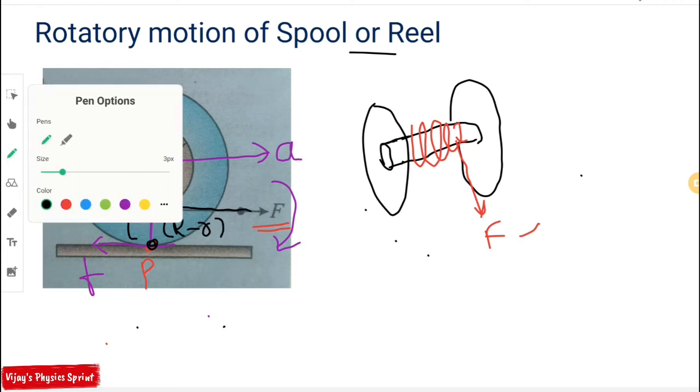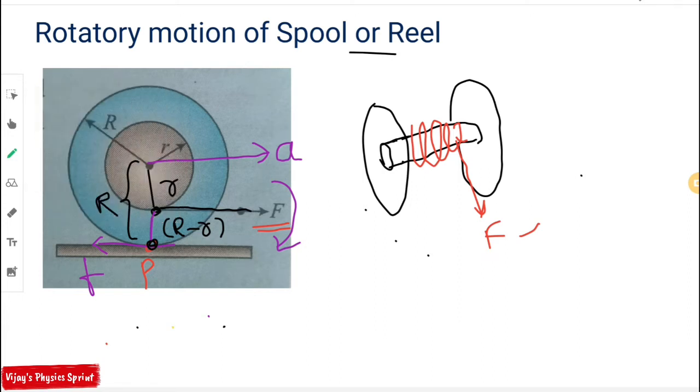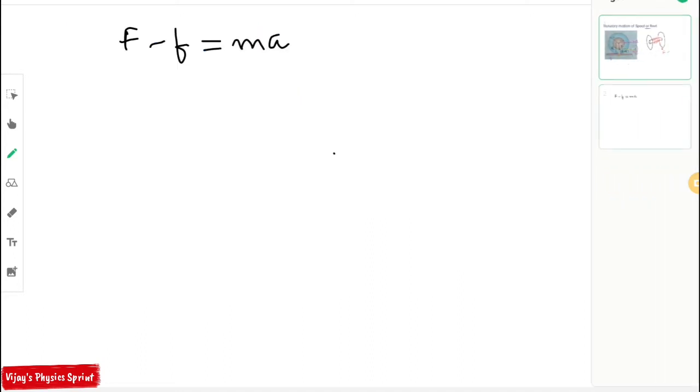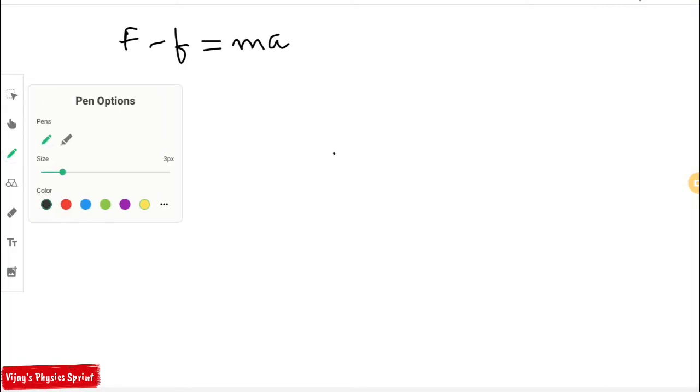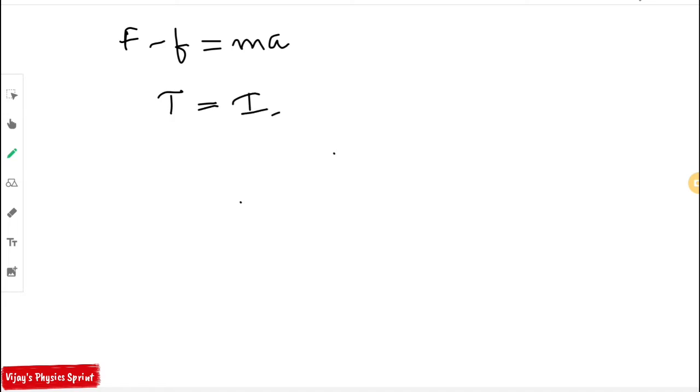Applying torque about point P, there is a force and a perpendicular distance, so torque tau is equal to I alpha about point P, where alpha is the angular acceleration. The torque formula is force times perpendicular distance, and I is the moment of inertia about point P.